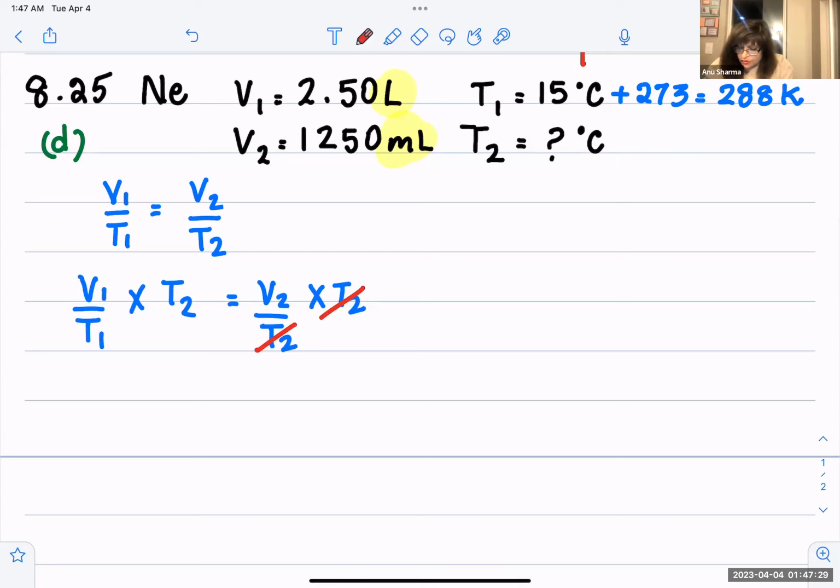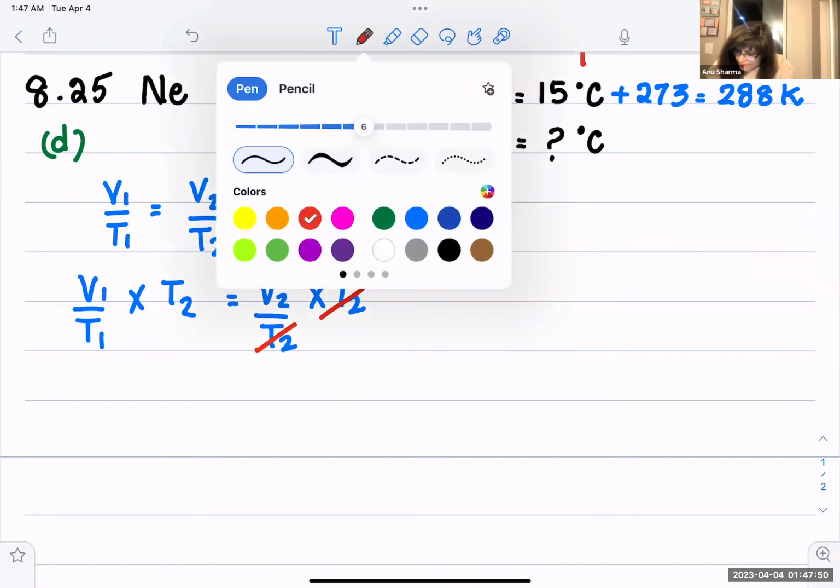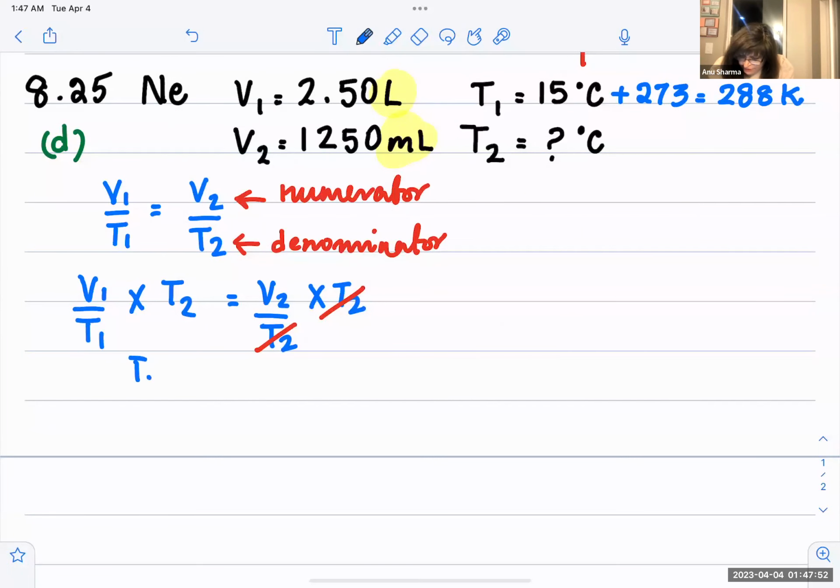But why did we have to do this? Because this T2 is in the denominator. So in order to convert it into the numerator, we have to do this. Okay. Now the next step would be that we'll bring T2 on one side and V2 here times T1 over V1.